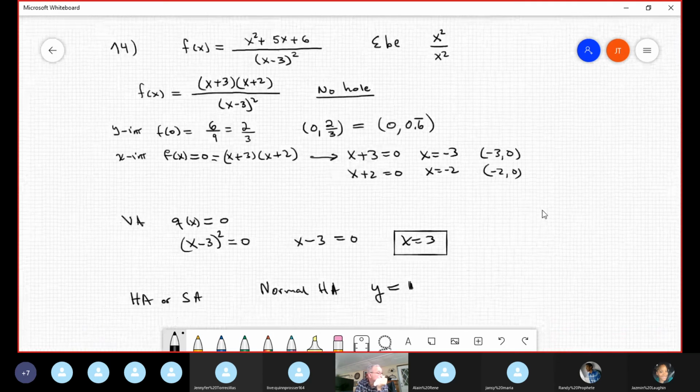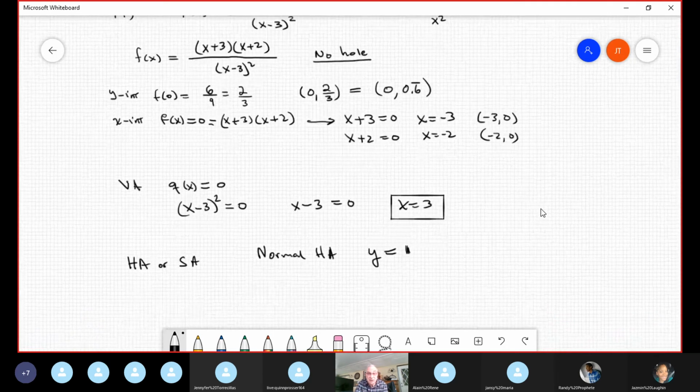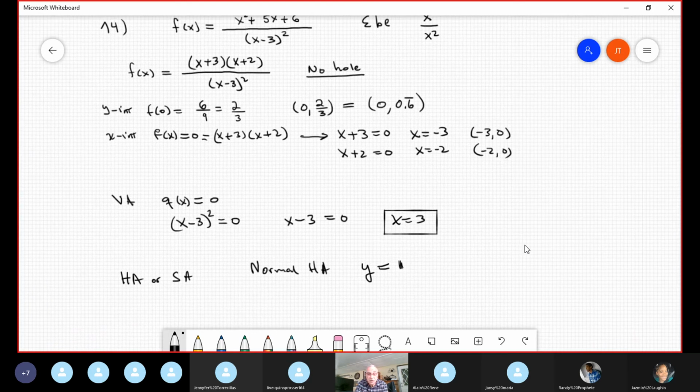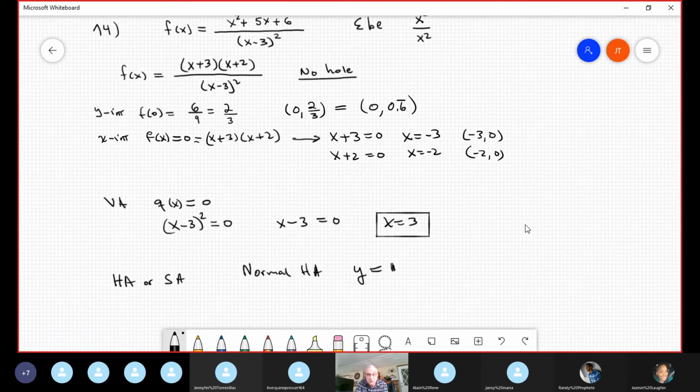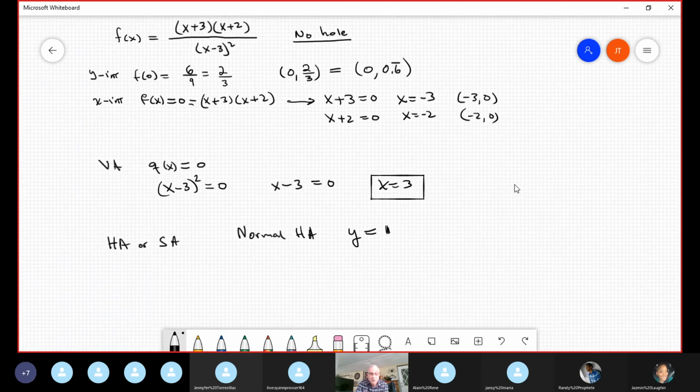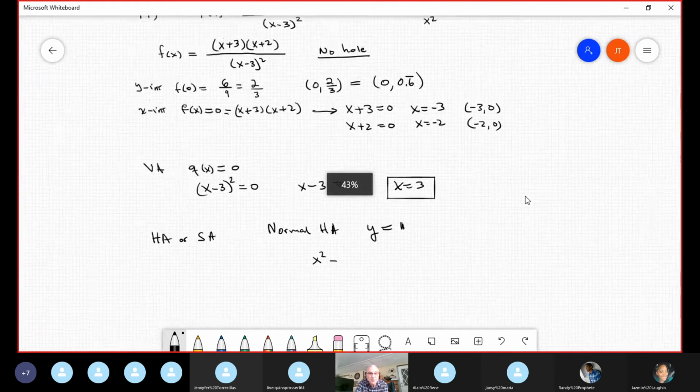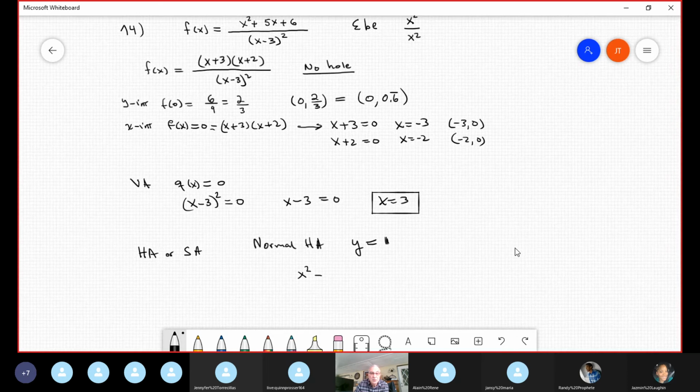Now I try to investigate whether the curve crosses the horizontal asymptote or not. You copy the original factored form, x squared plus 5x plus 6 over (x minus 3) squared, equal to 1.